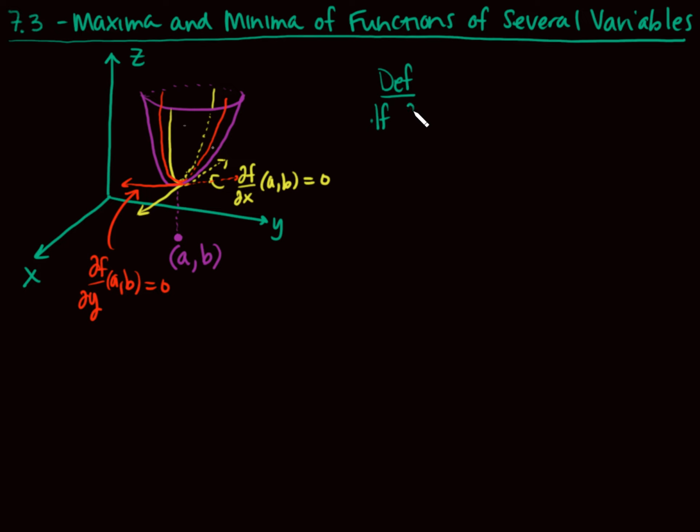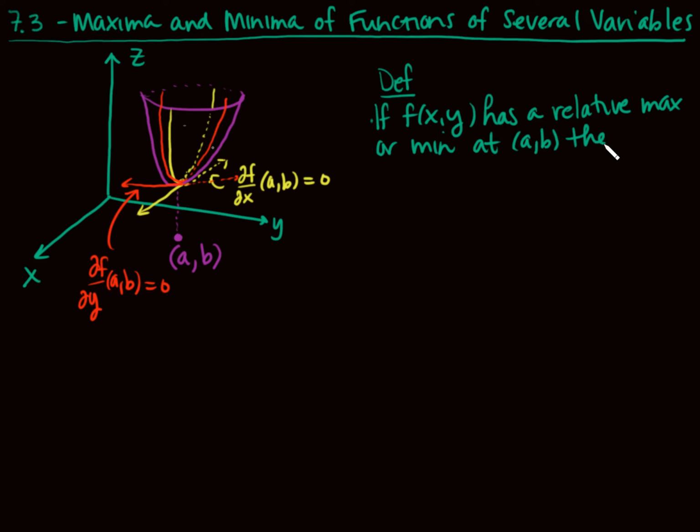But we found that if f of x, y has a max or min, well, we should say relative, because these don't have to be absolute, a relative max or min at (a, b), then what do we know?